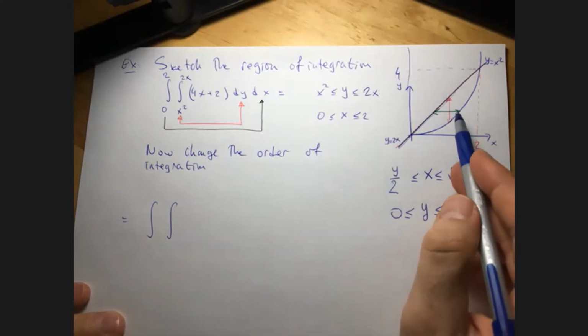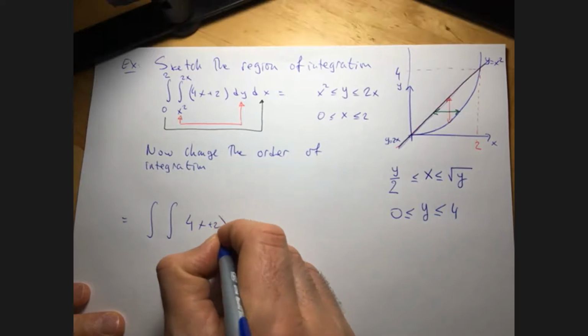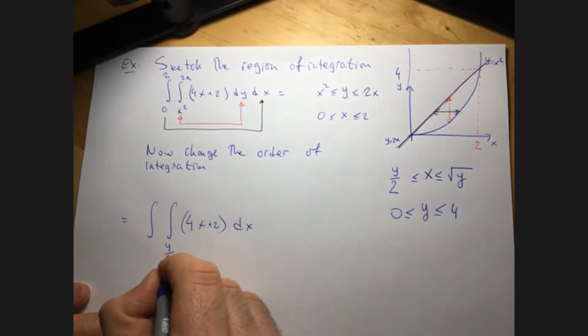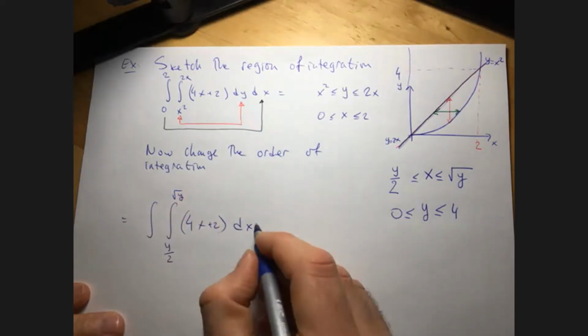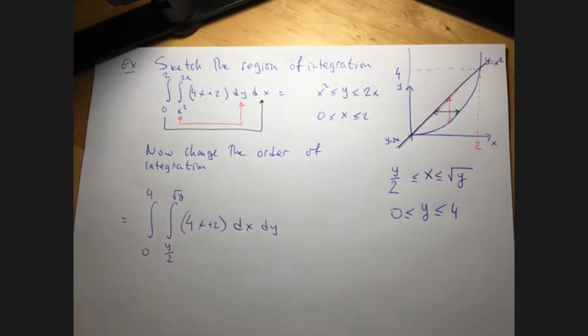Of course, first by sketching the situation. So here is going to be 4x plus 2 dx. X is running from y over 2 to square root of y, and y is running from 0 to 4. Any questions?